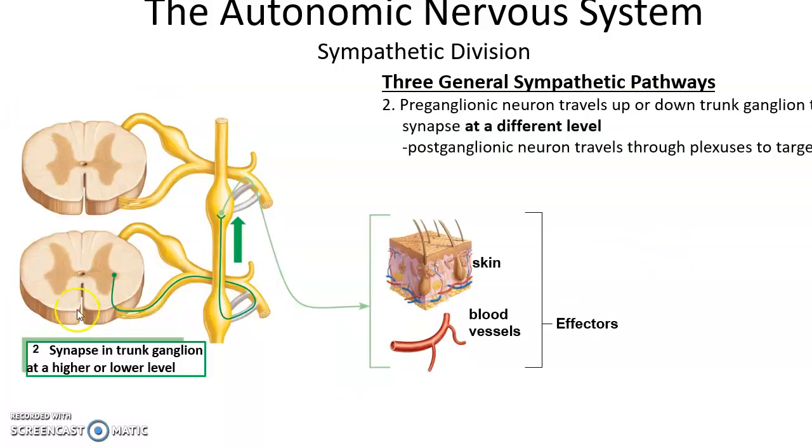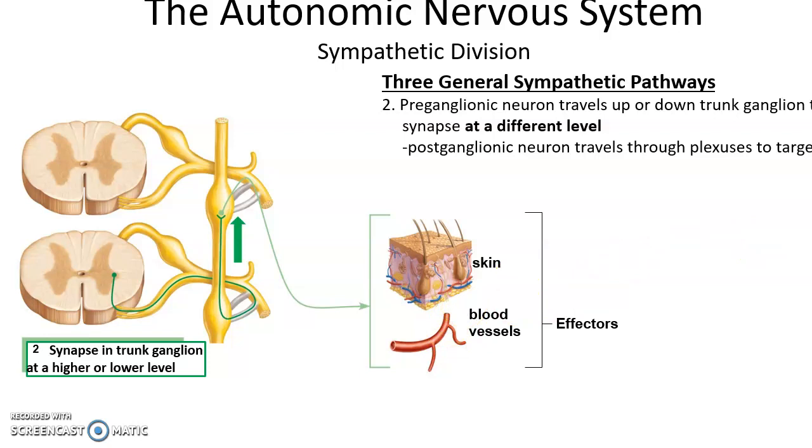The second possibility is the preganglionic motor neuron goes into the sympathetic trunk ganglion and then travels up or down the structure. So it'll go up or down the structure to a different level, and then it'll synapse with a postganglionic motor neuron that will then go out and travel to its target effectors, which again are probably going to be skin and blood vessels.